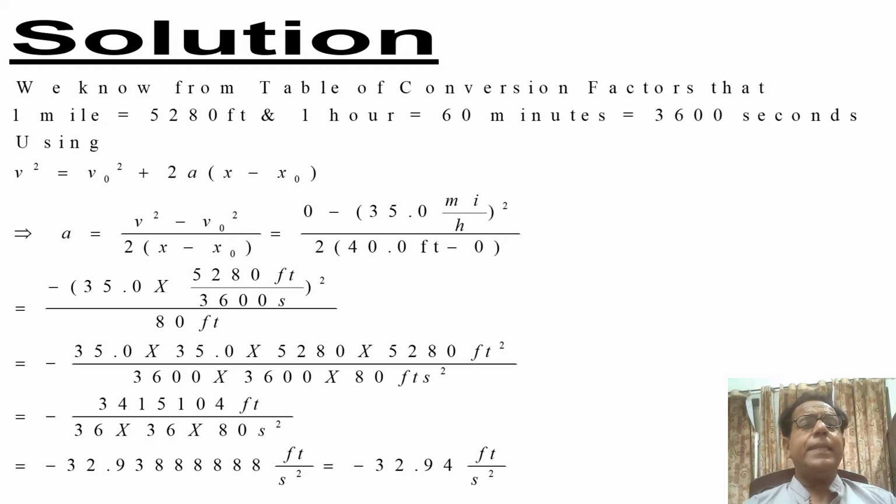This alternatively becomes equal to minus 3415104 feet divided by 36 times 36 times 80 second squared. This alternatively becomes equal to minus 32.93888888 feet per second squared.